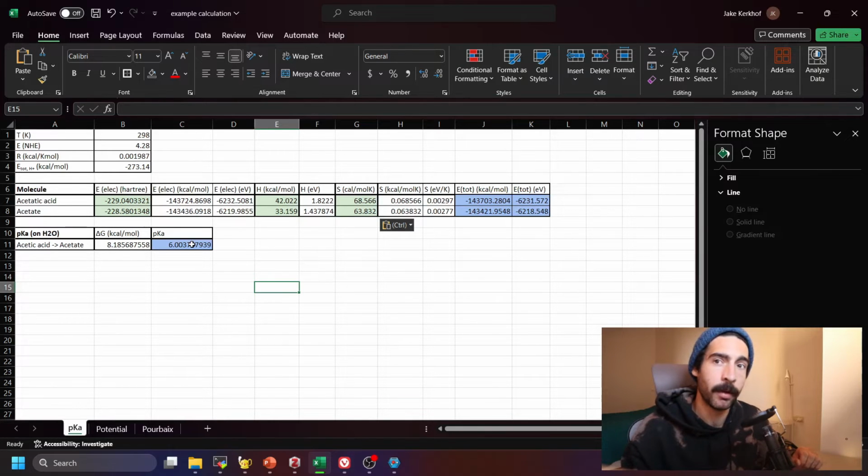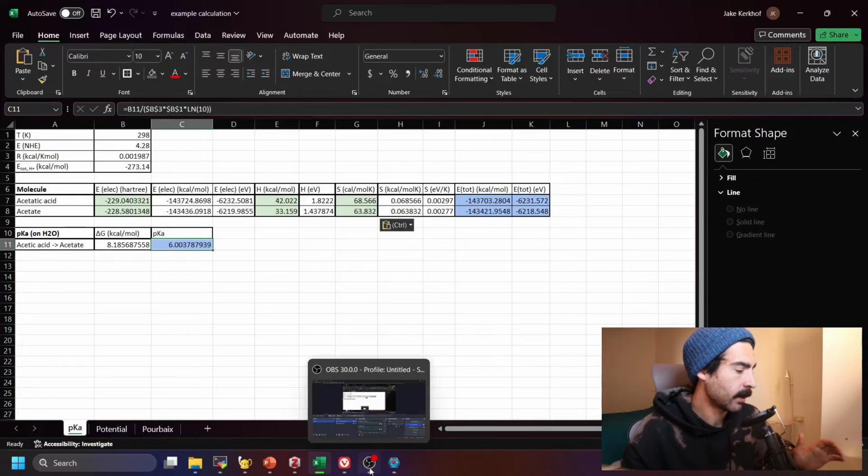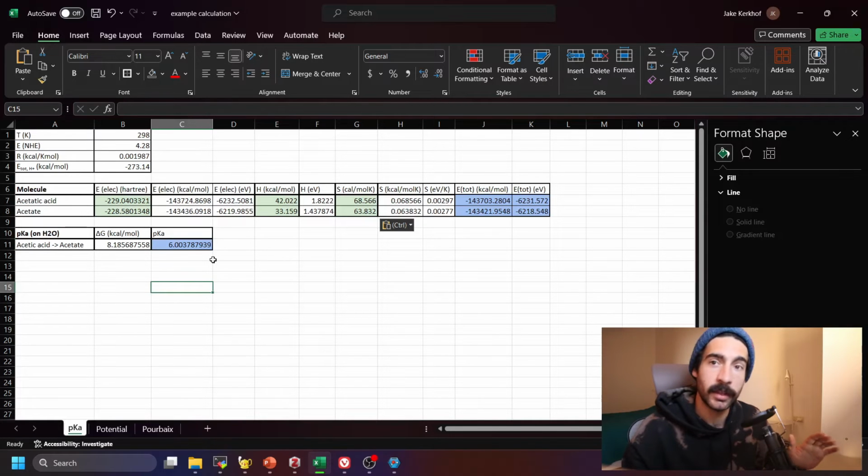Maybe you'll need to use a bigger basis set or a better functional, and perhaps you won't be able to use computational chemistry at all, depending on how close your values are. But in most applications, it's going to be good enough. So we got a pKa of 6, and that's what you need to do for pKa calculations.